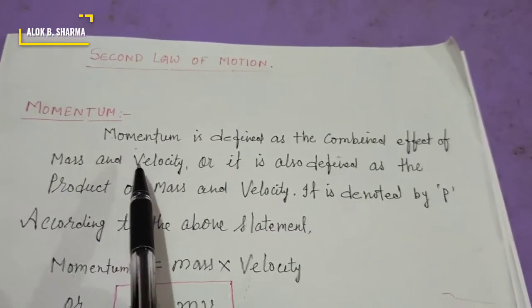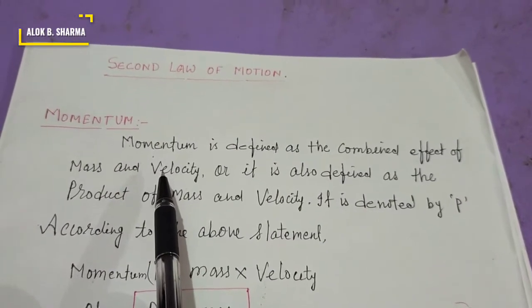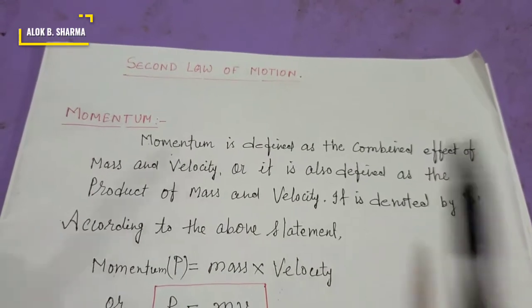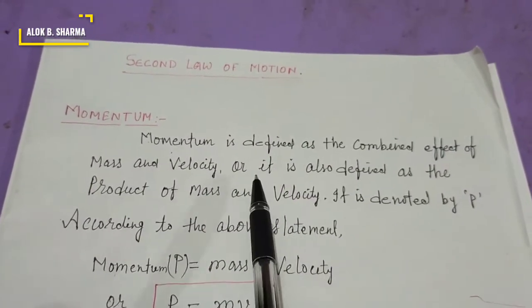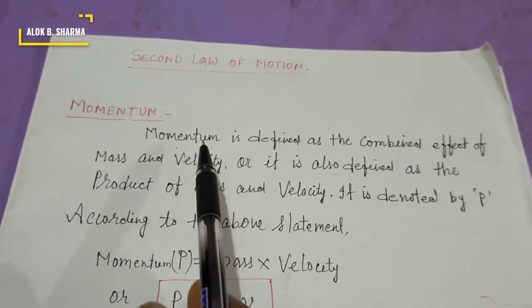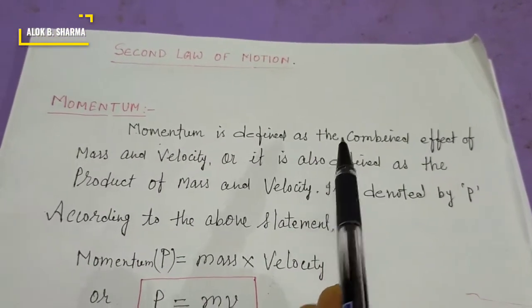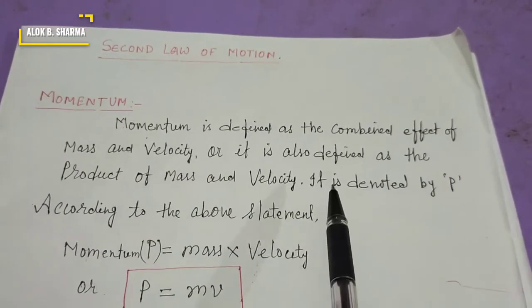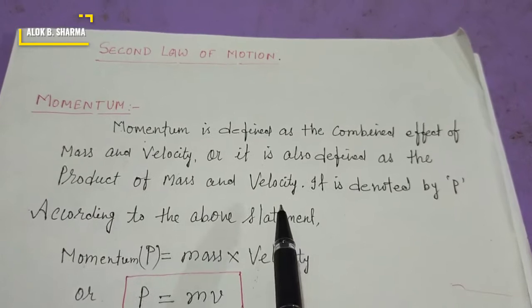Momentum is actually moving mass. That is, when mass is moving with a certain velocity, the object has momentum. Momentum is defined as the combined effect of mass and velocity, or numerically as the product of mass and velocity.